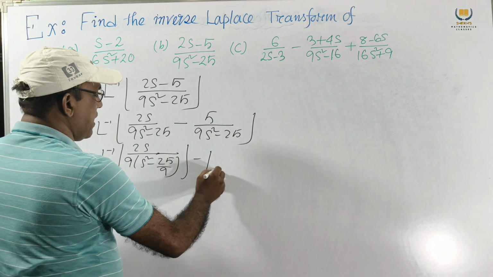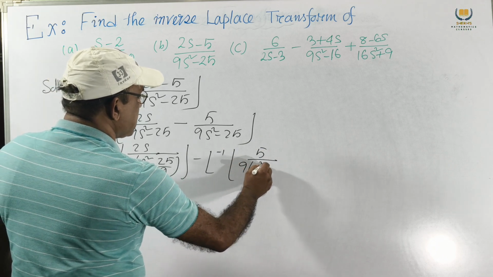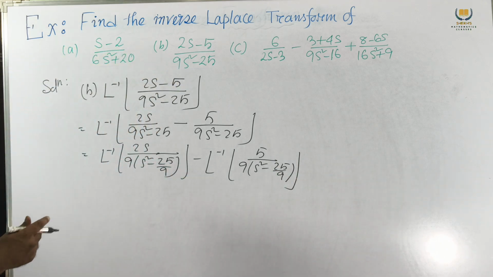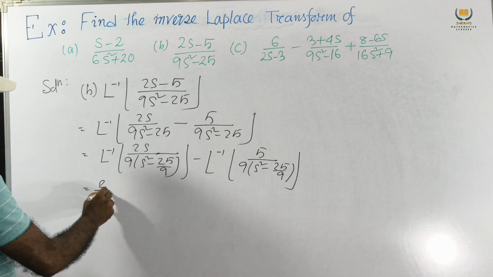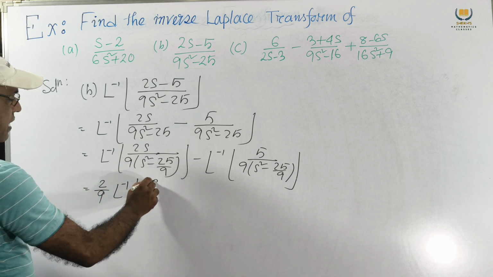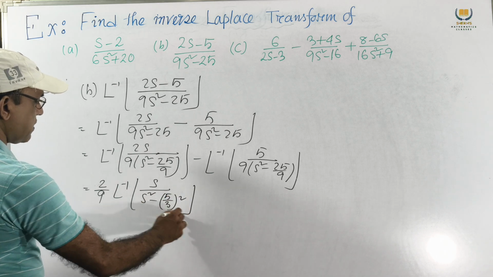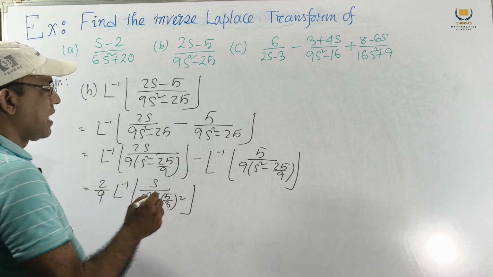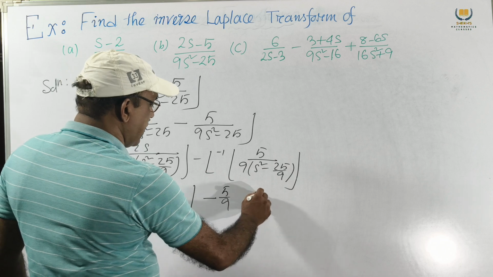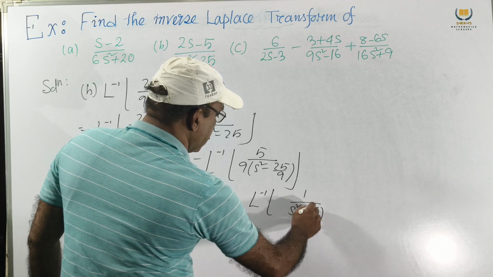Here also 9 common. Now 2 by 9 is a constant outside: L inverse of s by (s square minus 5 by 3 whole square), and 5 by 9 outside, L inverse of 1 by (s square minus 5 by 3 whole square).